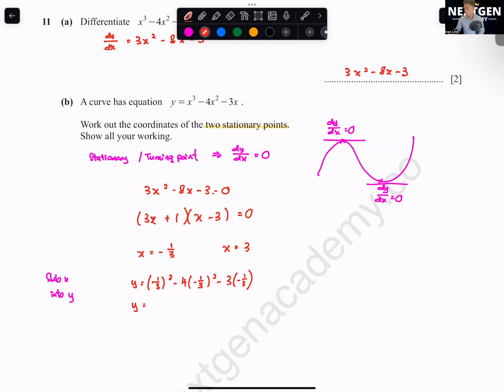What will you get for this? You get 14 over 27. Just sub inside the equation. Do the same thing for this one here. y equals 3 cubed, the original equation, minus 4 times 3 squared minus 3 times 3, which gives y equals negative 18.